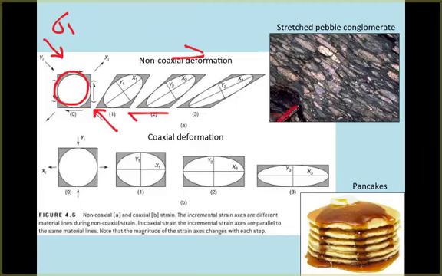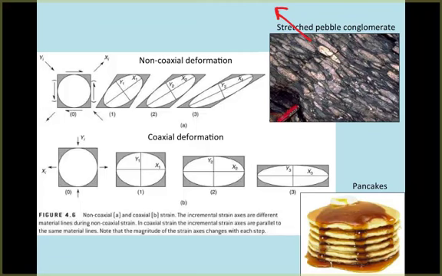And a good example of that would be the stretched pebble conglomerate here. And these blobs that look elongate are stretched pebbles. And we assume they start off as rounded pebbles in some conglomerate on some riverbank, were buried and lithified. And then at some point during deformation and metamorphism, the rock was deformed non-coaxially.